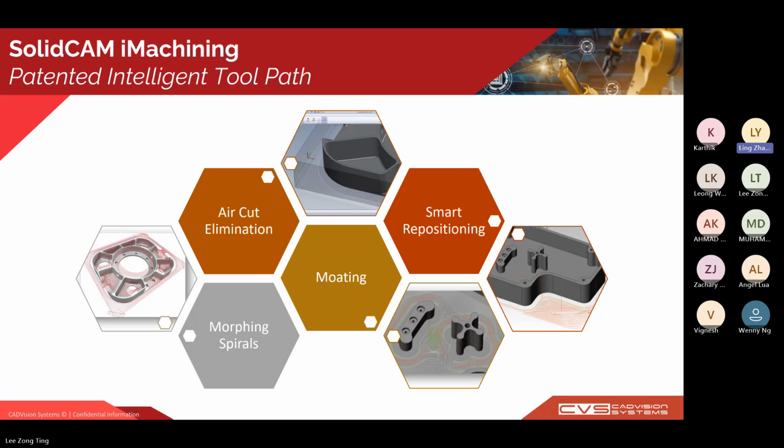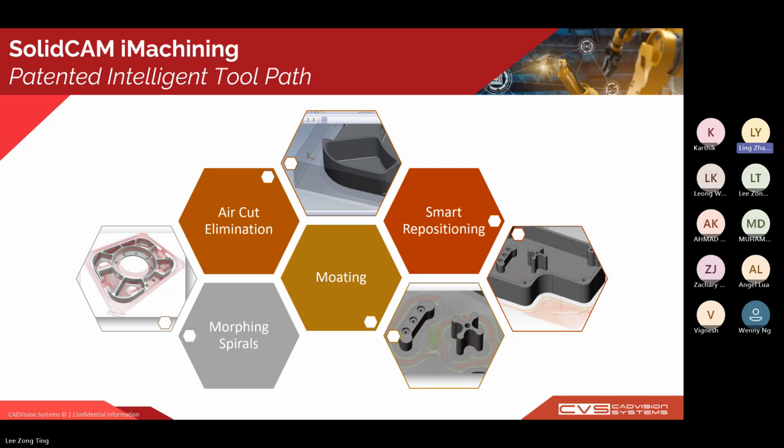With that in mind, SolidCAM will eliminate those unnecessary air cuts. Say today, if I just want to cut slightly into a profile, I don't have to go through the whole model and cut in layer by layer. Basically, my tool can just move to that particular feature and go in to do all the cutting. So this eliminates all the unnecessary air cuts.